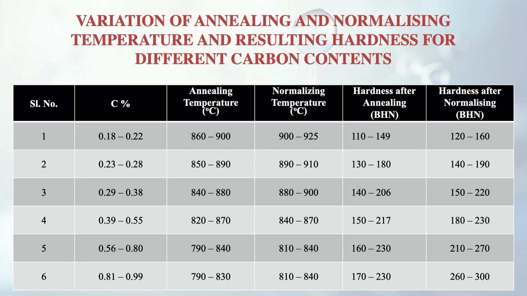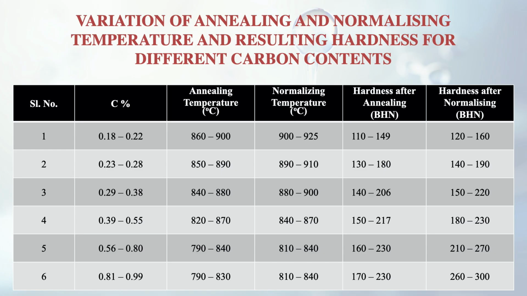Further, there is one more table where you can see the variation of annealing and normalizing temperature and the resulting hardness for different carbon contents. So you see here, for 0.18 to 0.22% carbon, the annealing temperature is 860 to 900 and the normalizing temperature is 900 to 925.